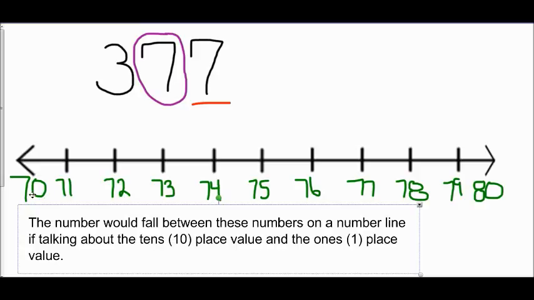Here's 70. 71, 72, 73, 74, 75, 76, 77, 78, and 79, and 80 are the numbers between, since I'm looking to either round up a 10 or round down a 10. So these are all the numbers that fall into this place value.